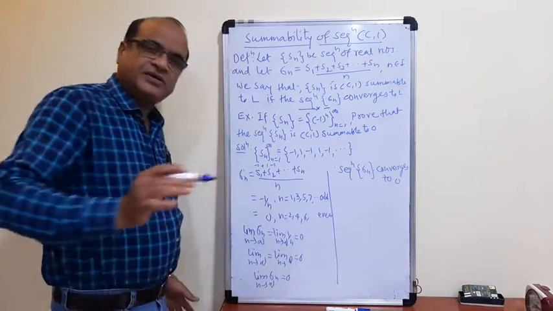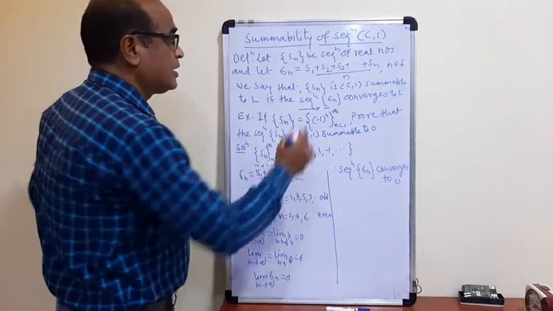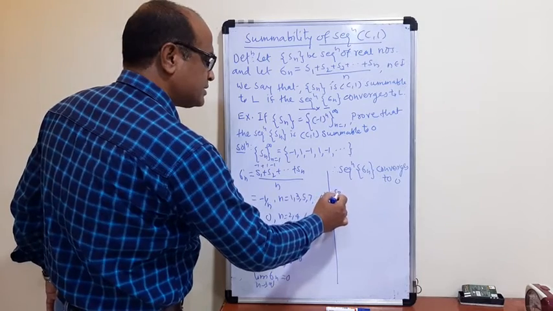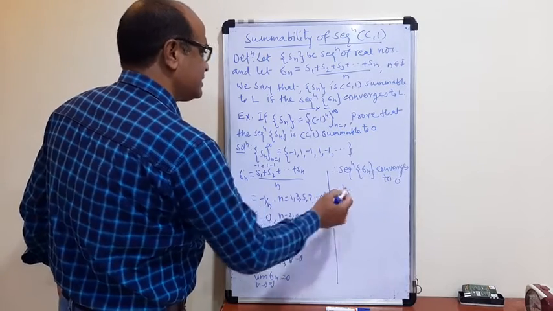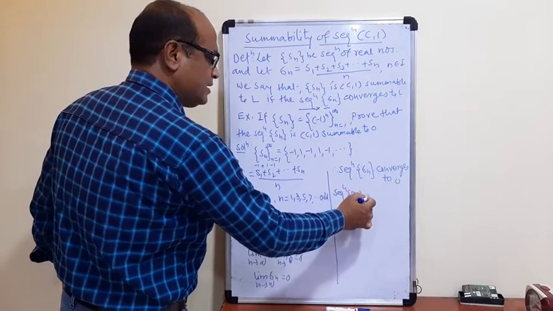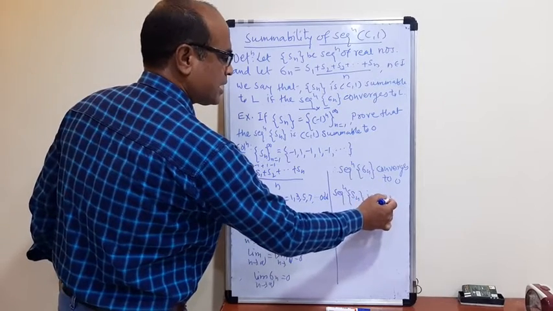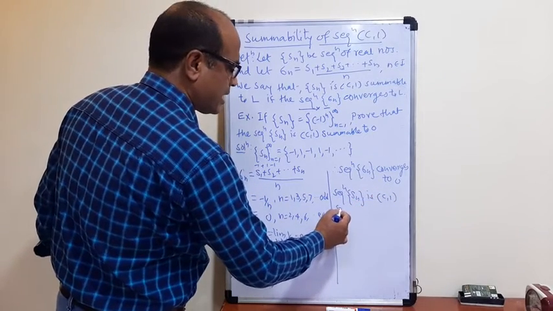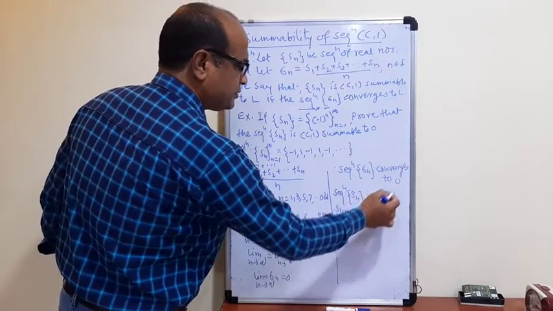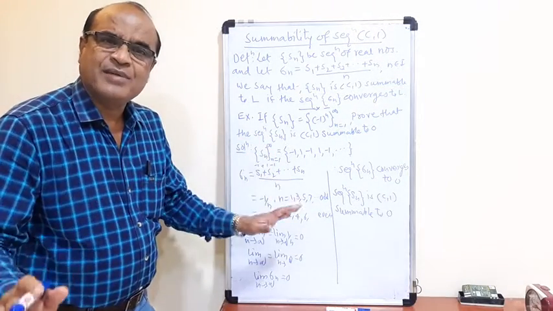By definition, the sequence Sn is C1 summable to 0.